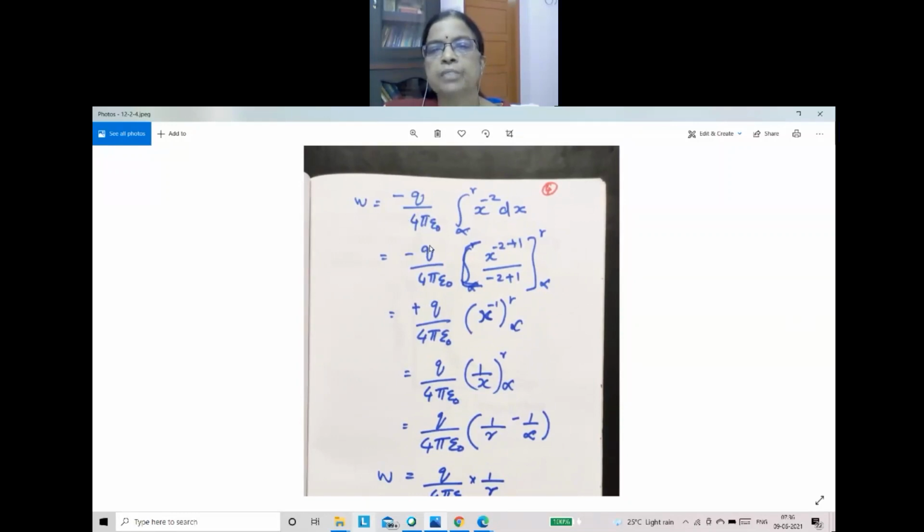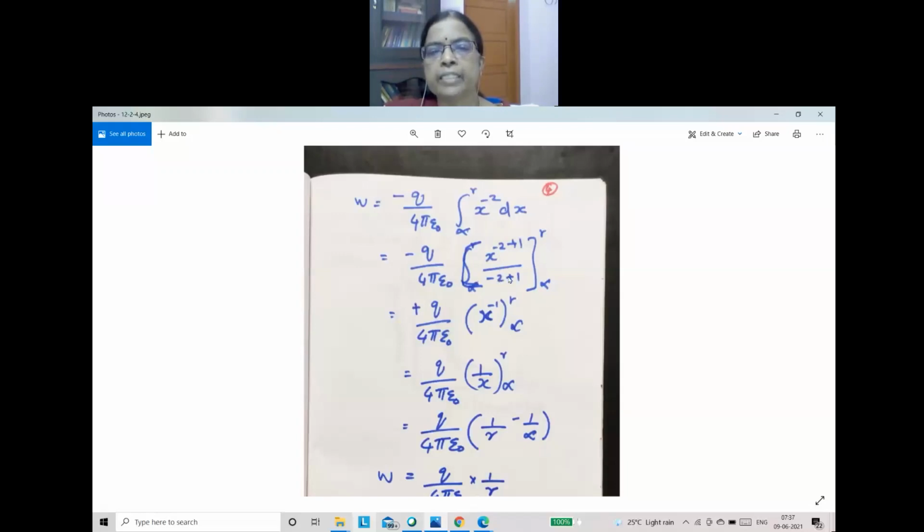Minus q by 4 pi epsilon 0 x raised to minus 2 dx. How will you integrate this? Integral x raised to n dx is x raised to n plus 1 by n plus 1. So minus 2 plus 1 by minus 2 plus 1, infinity to r.